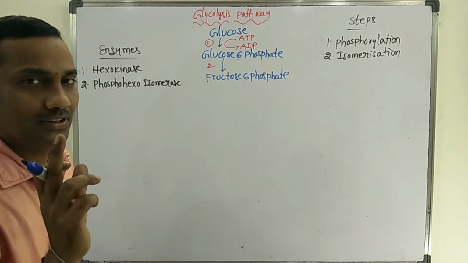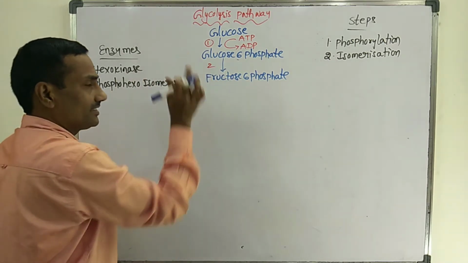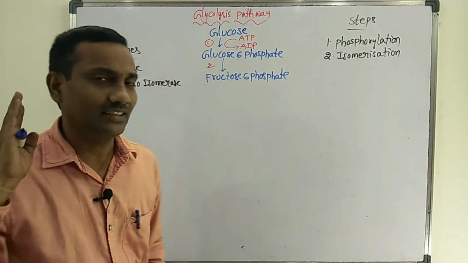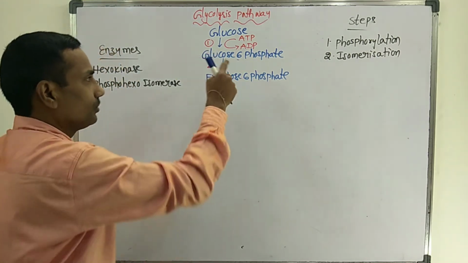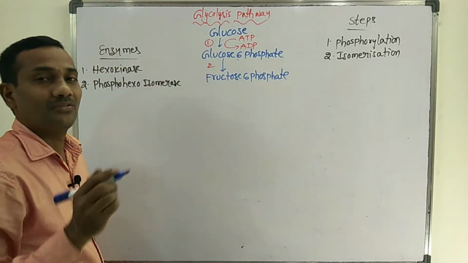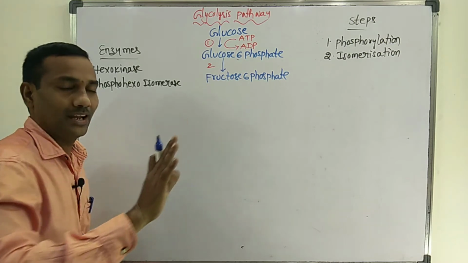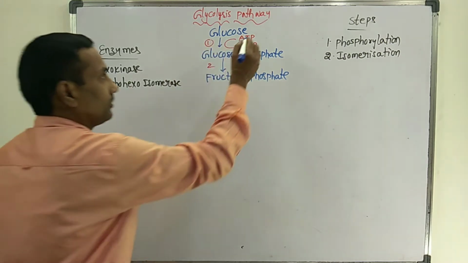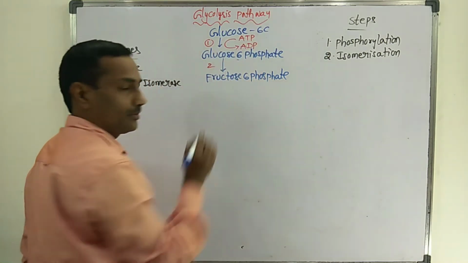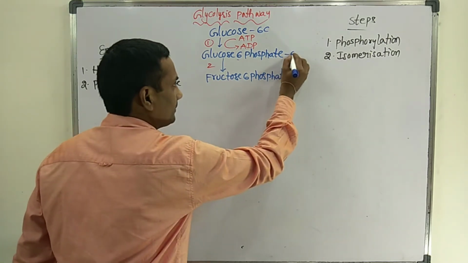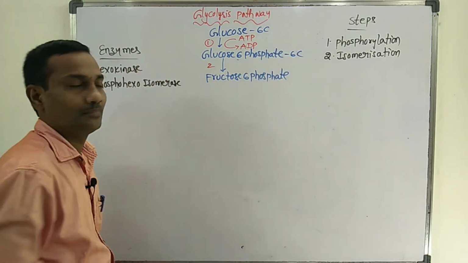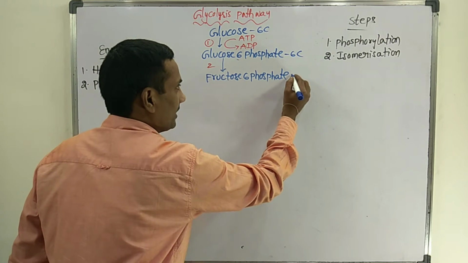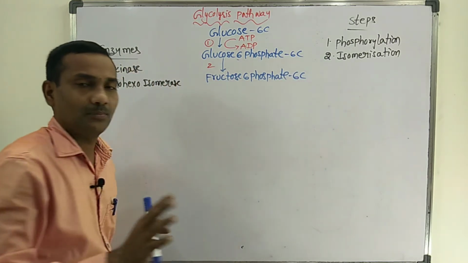Here one simple thing: in the second step only isomerization occurs. So here the glucose 6-phosphate converts into fructose 6-phosphate. Glucose consists of 6 carbons. Glucose 6-phosphate also consists of 6 carbons. Fructose 6-phosphate also consists of 6 carbons.